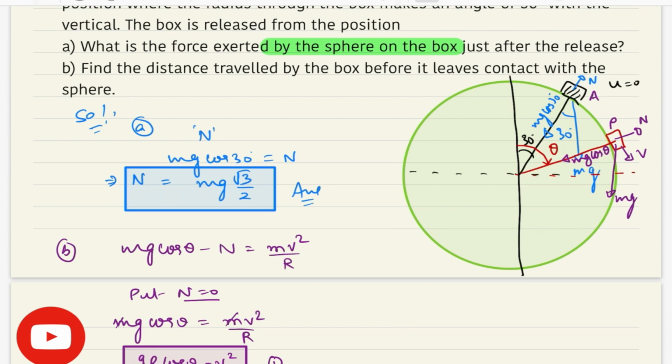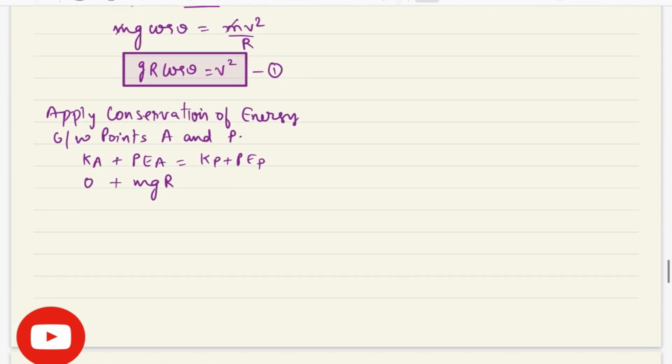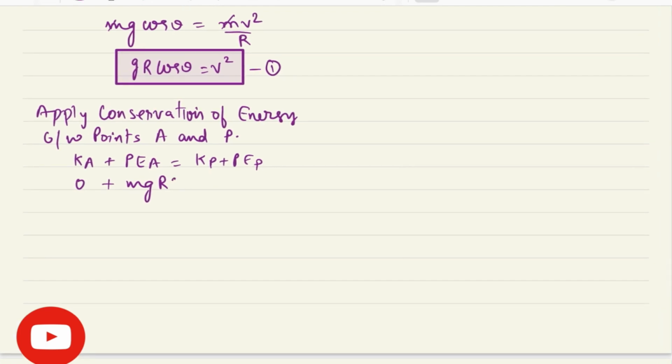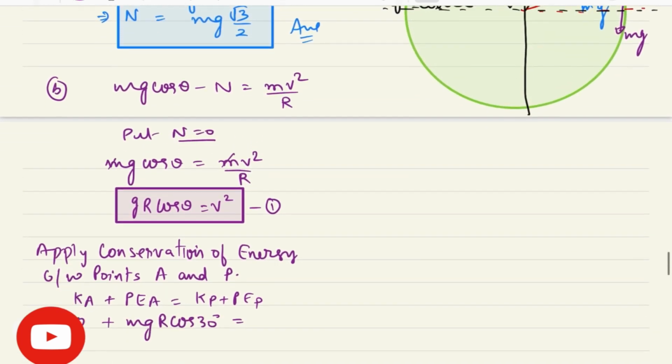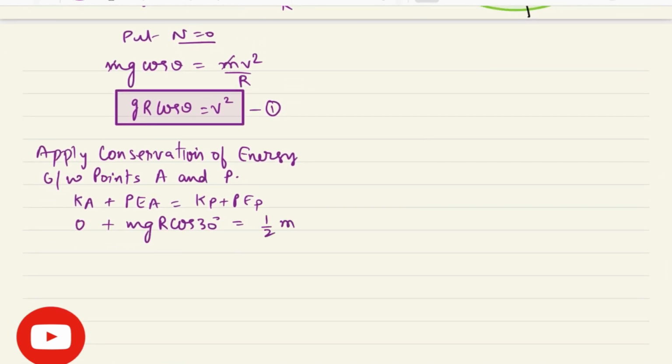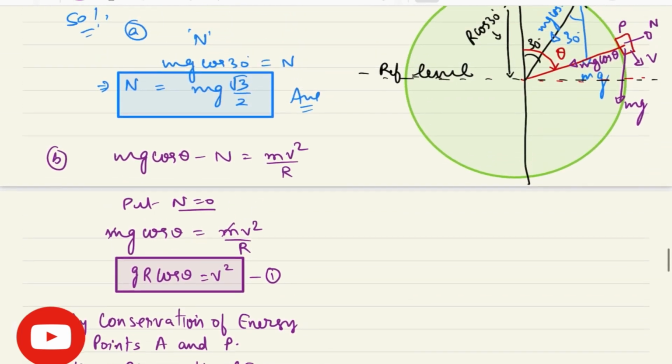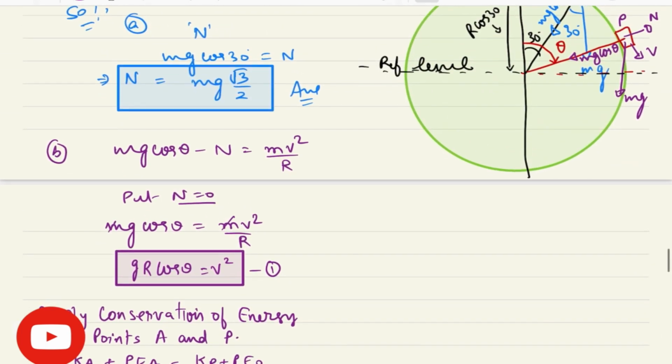This height becomes r cos 30 degrees. So we will put mgr cos 30 degrees equals, at point P, the kinetic energy, which is simply 1 by 2 mv squared, where v is the variable, and the potential energy at point P is equal to mgr cos theta.